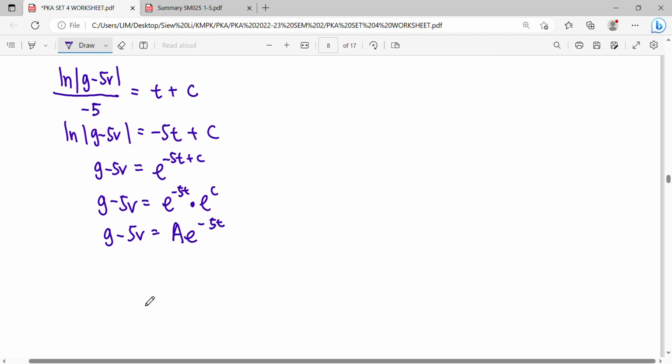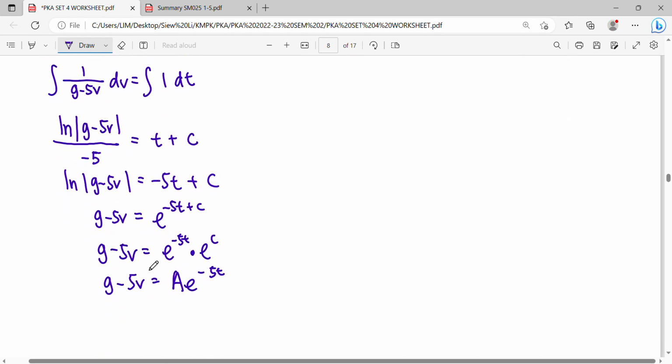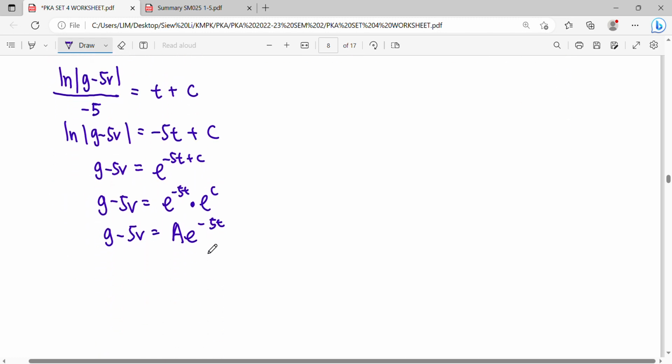What we need here is V. So dV dt, maksudnya belah kiri V, belah kanan T semua. Then simplify. Minus G. So V here bahagi negatif 5. Negatif, negatif, positif.